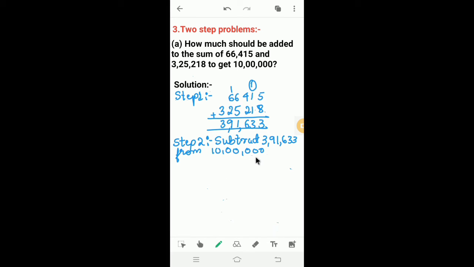So first I will write 10 lakh, 0 0 0 0 0 0 1. Next I will take 3,91,633. So 3 3 6 1 9 3.